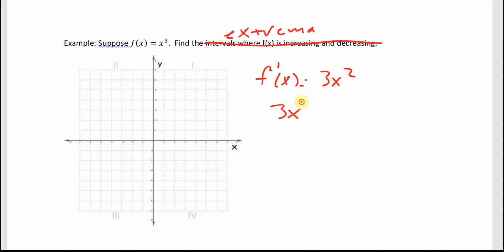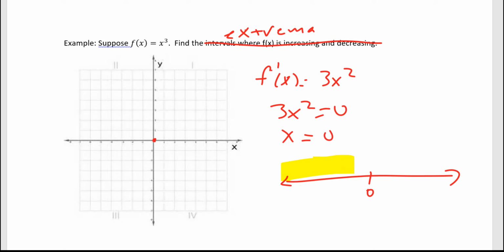So where's this derivative equal to 0? Well, when x equals 0, and that's the only critical point. So I'm thinking about that silly little number line again, and I want something in this interval, and then something in that interval. I'm just going to pick things that are easy, like, oh, I don't know, negative 1.